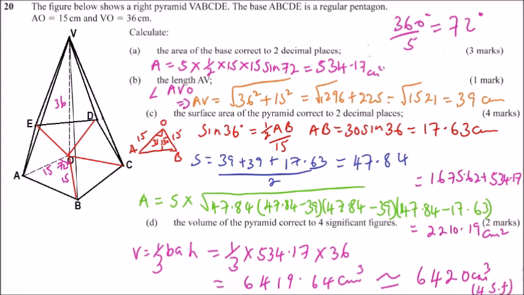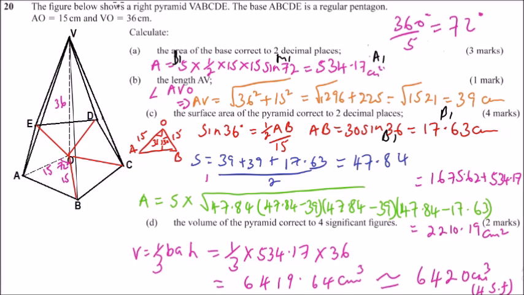Let's see how marks are awarded. Here you get a method mark, a bonus point, and 1 mark for the answer. Then part B, you get 1 bonus point. Then we have part C, where we get a bonus point, then 1 mark here.